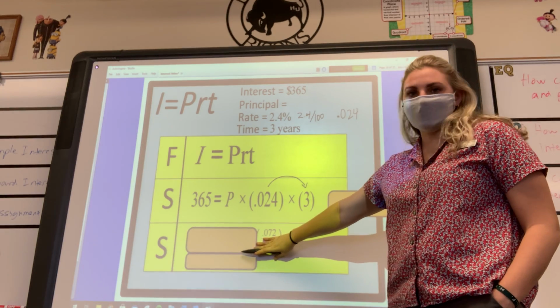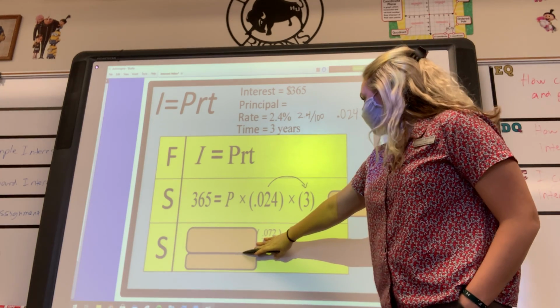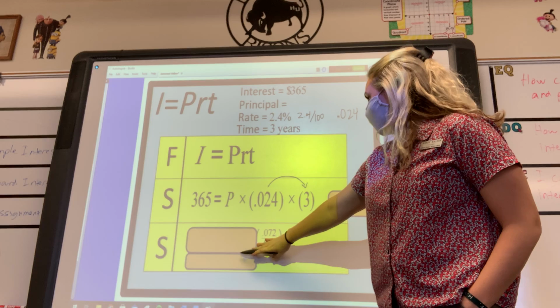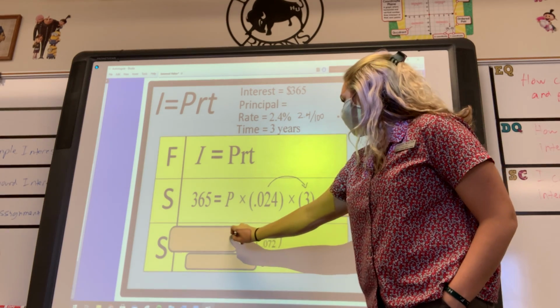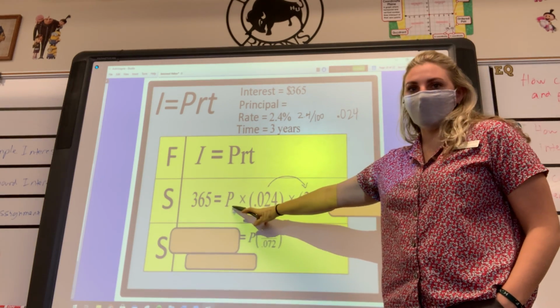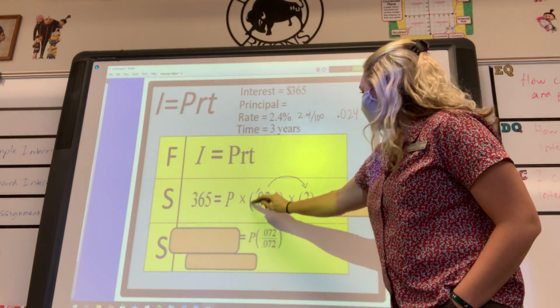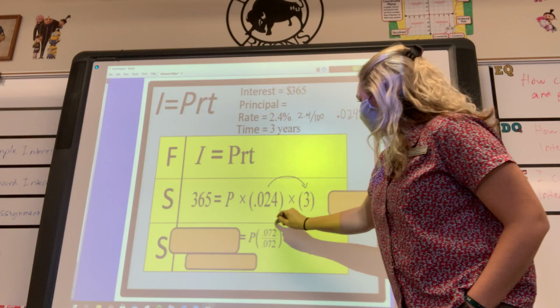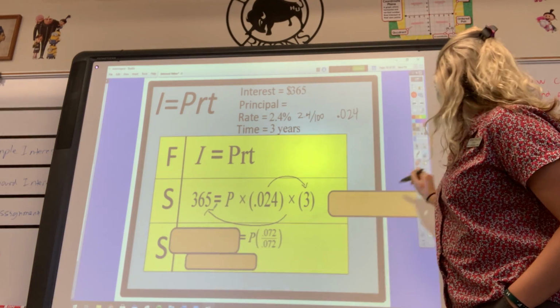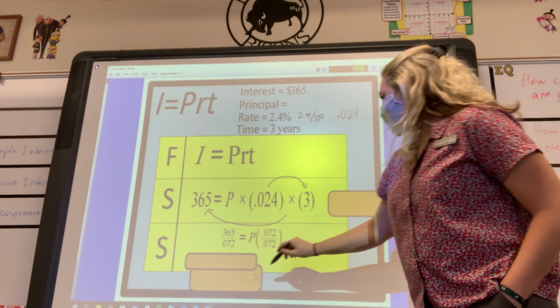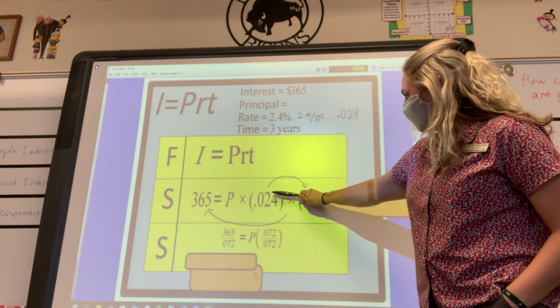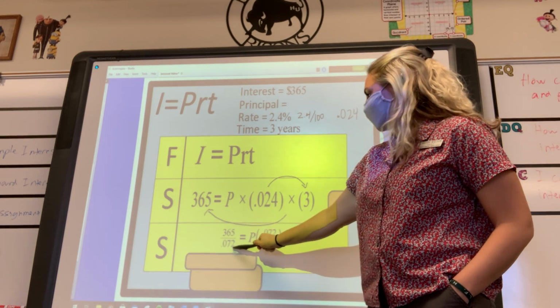What we're going to do with that 0.072, it's still being multiplied by our principal that we don't know. So we take anything that you get multiplied here and put it underneath our interest, like so.